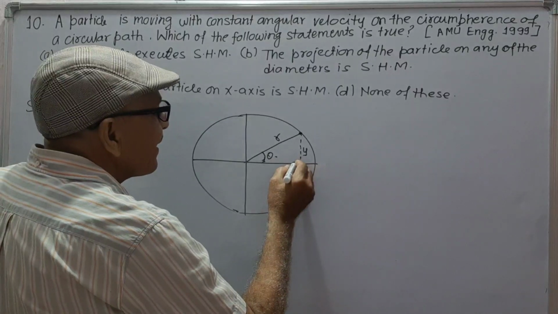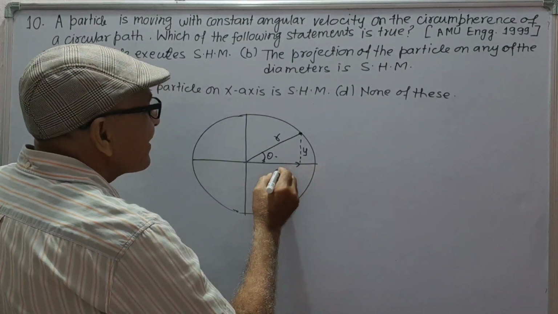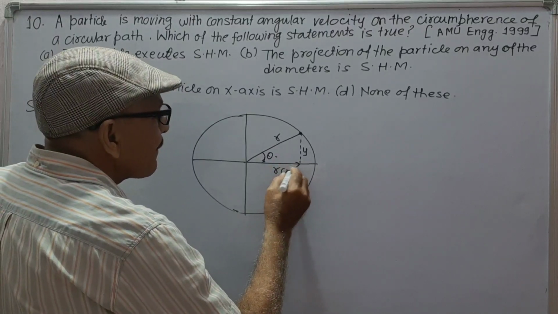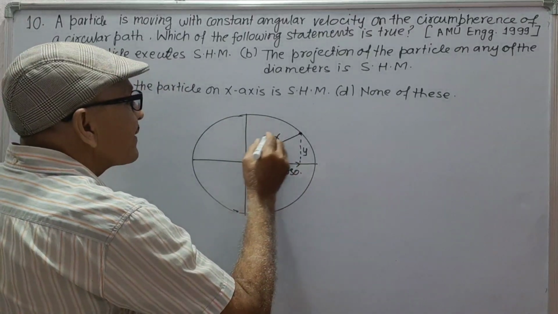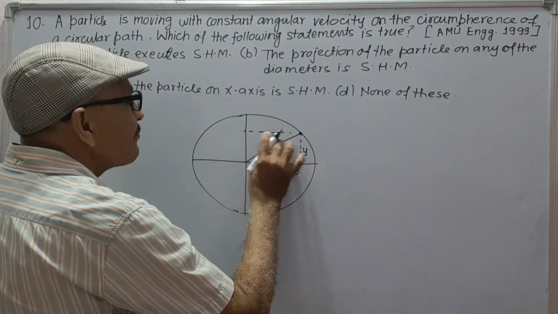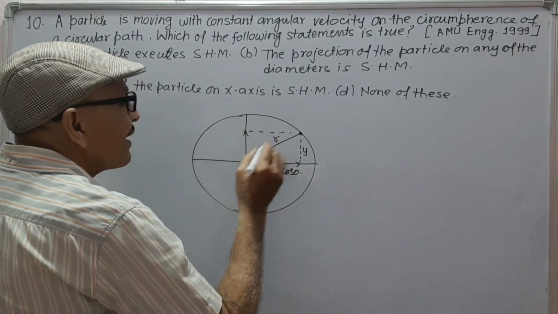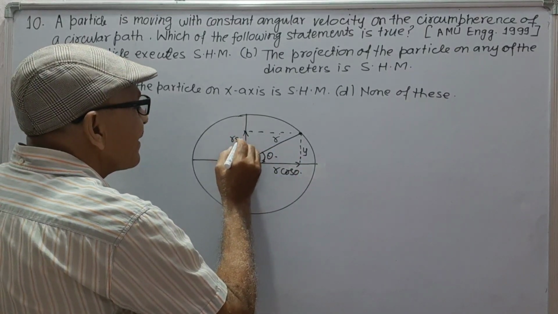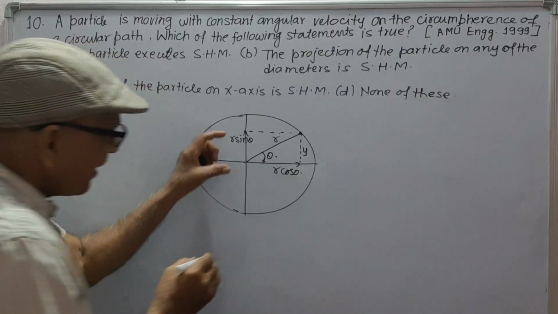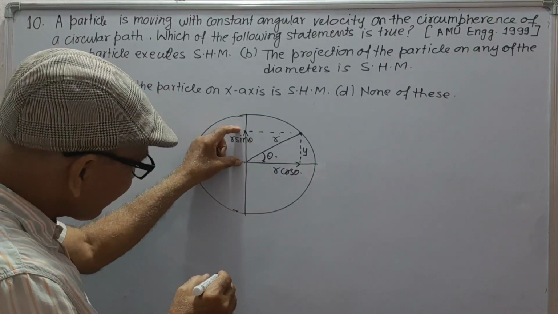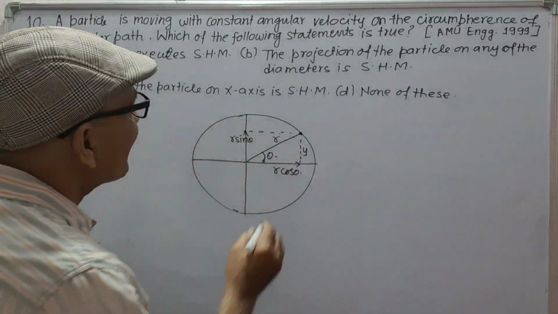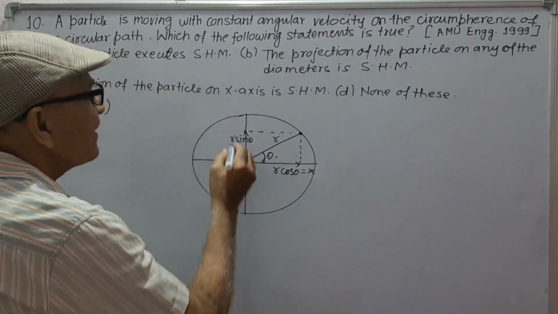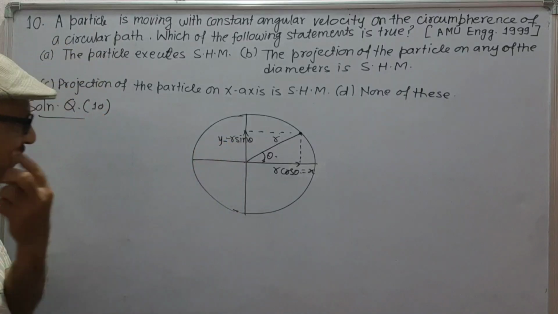Projection of r along this axis will be equal to r cos theta, and on this axis it will be r sin theta. So on this axis x will be r cos theta, and here y will be r sin theta.